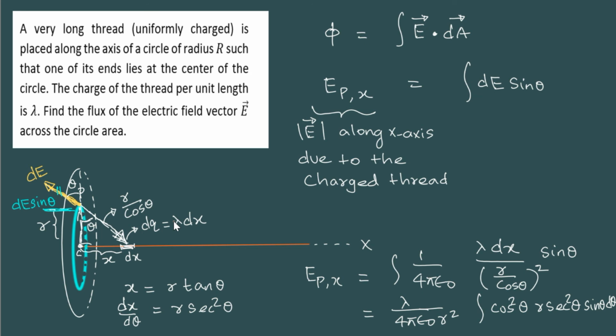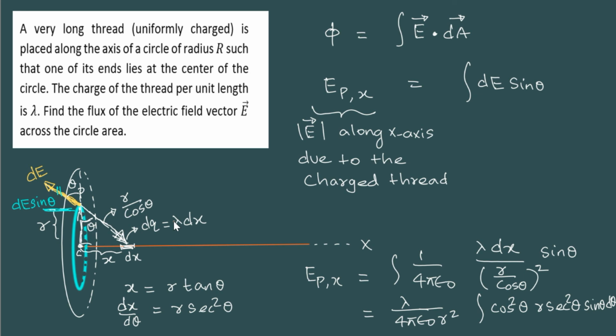Now think about this. If you take any point on that blue ring and calculate the electric field at that point and take the horizontal component of that electric field, you will still get the same magnitude of electric field that we have just obtained, right?